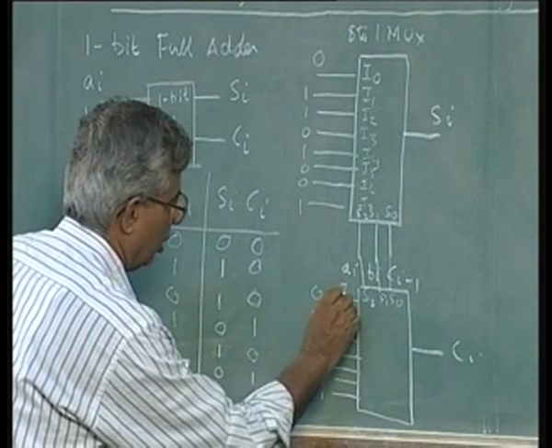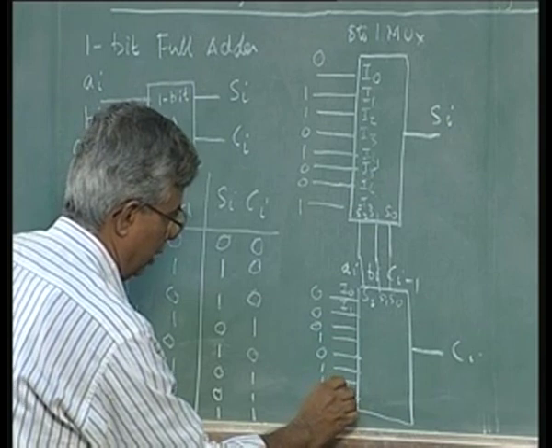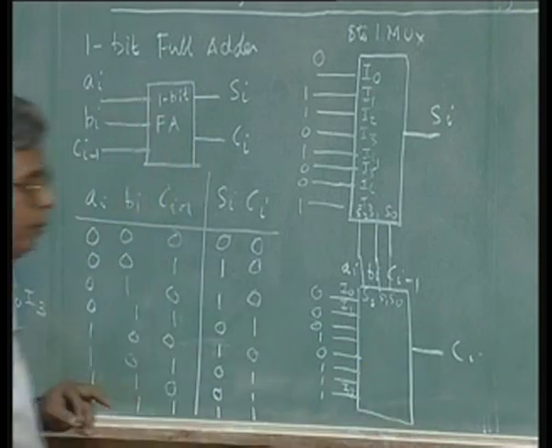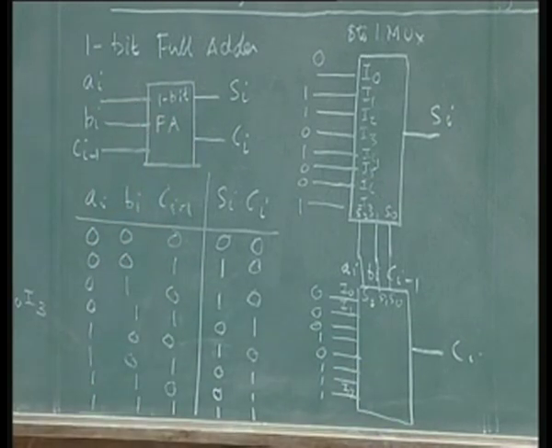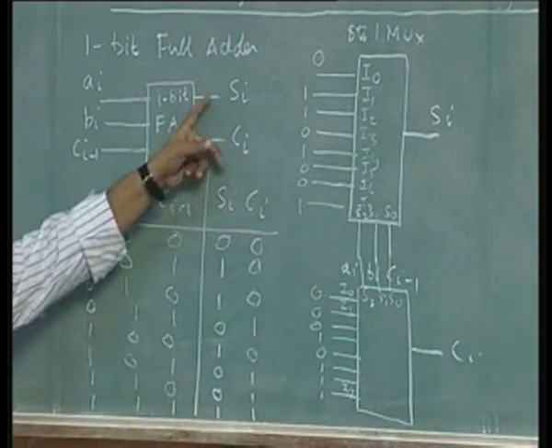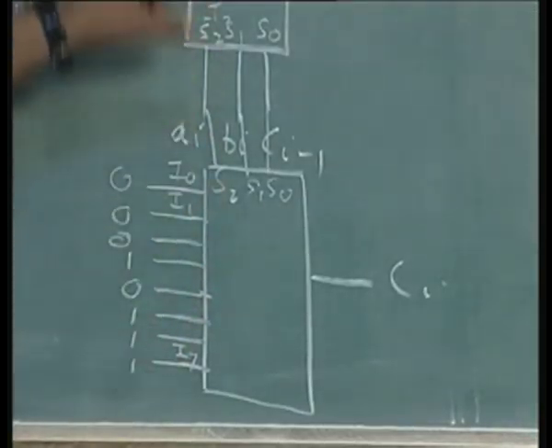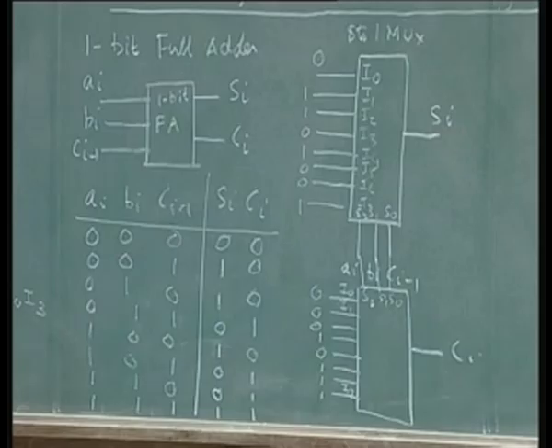I will not draw this in detail, you know what I mean. So this gives me my output carry Ci. That means the 2 outputs Si and Ci of the full adder, with 8 inputs, I can implement using two 8 to 1 multiplexers. So this is fitting the design specs into the available hardware.